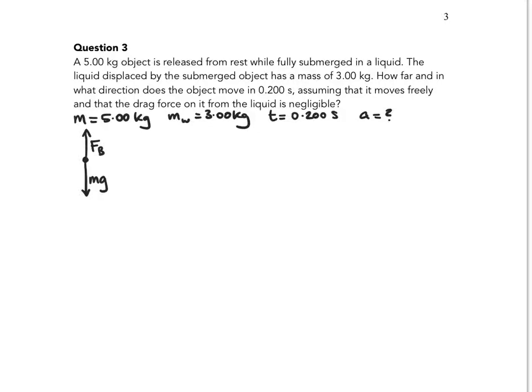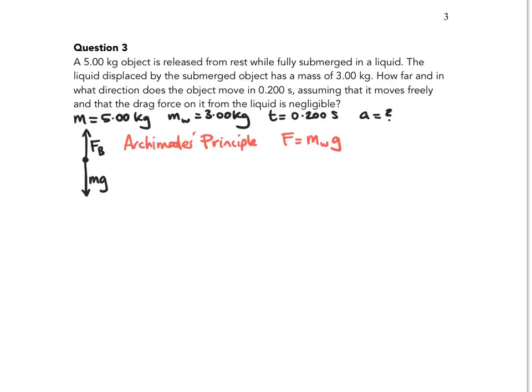So by Archimedes' principle, the buoyant force FB is equal to the weight of the water that's been displaced. So that would be mass of water times g.